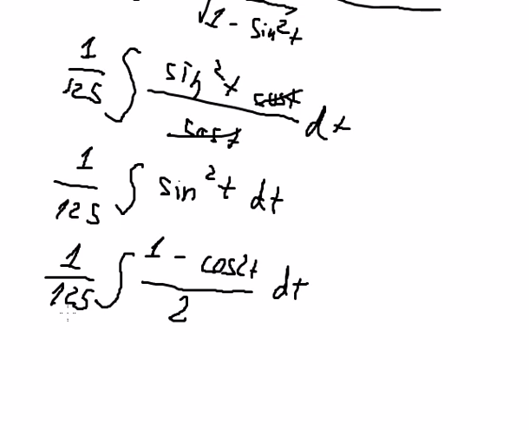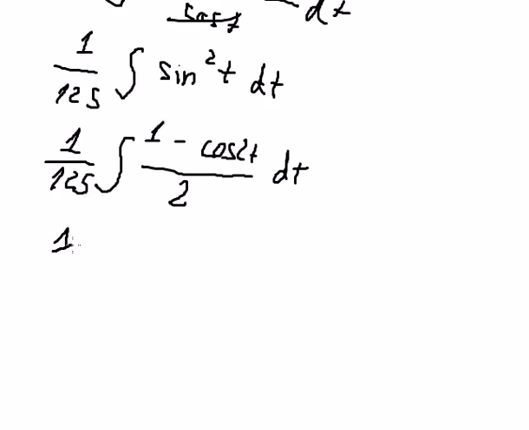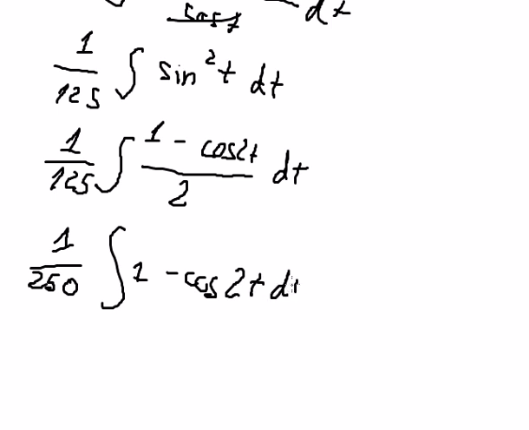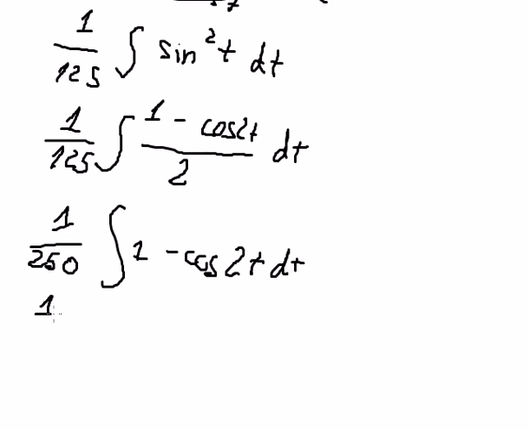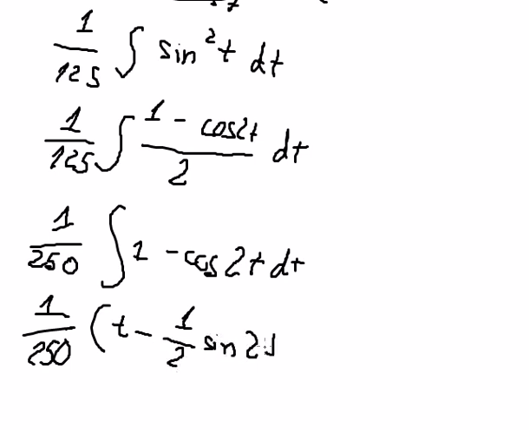We put number 2 outside, you got 1 over 250, and we have 1 minus cosine 2t. So we got 1 over 250 t, and we have 1 over 2 sine 2t plus c.